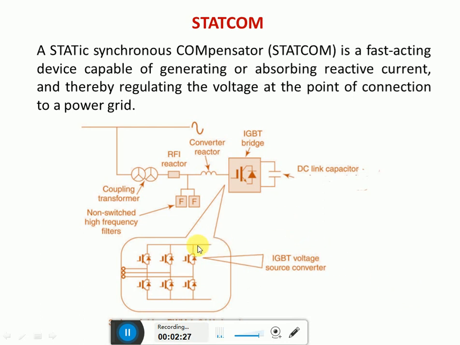Now let's see what a voltage source converter is. This voltage source converter can be 3 level or 2 level based on the requirement. Here this represents the voltage source converter or voltage source inverter, IGBT based. This side will give DC and at the output side we will get the AC voltage.